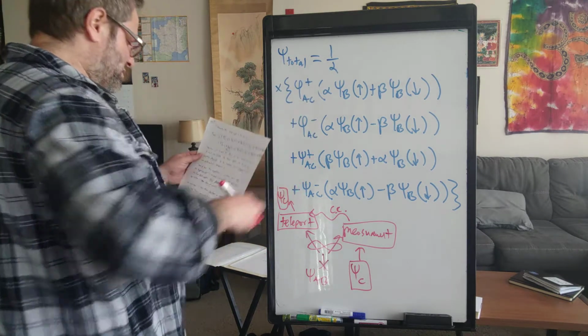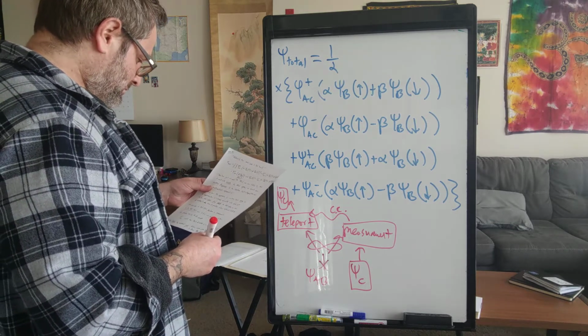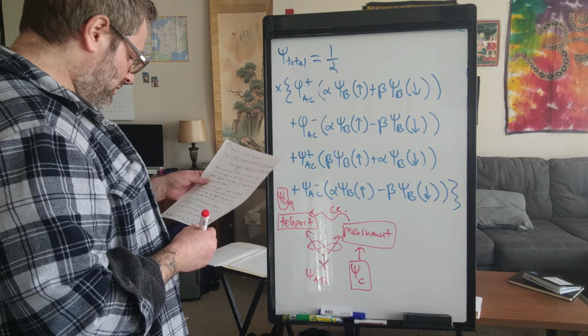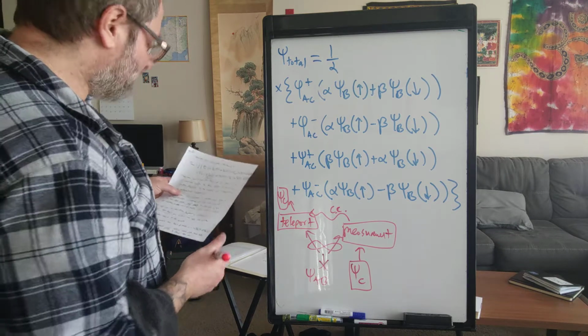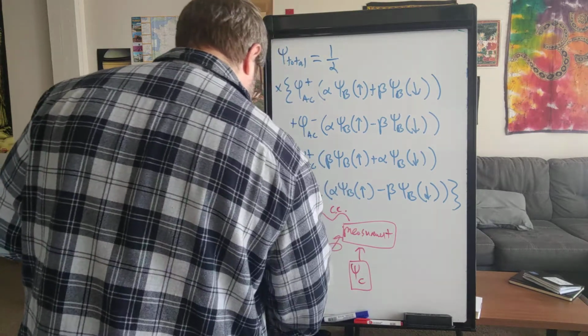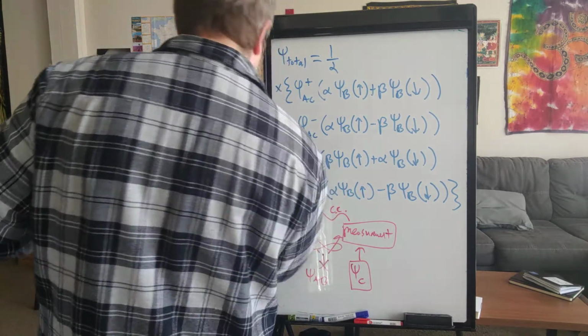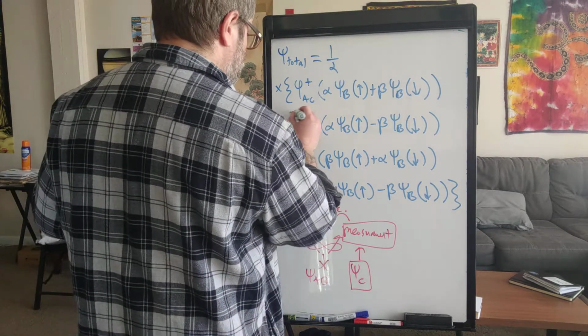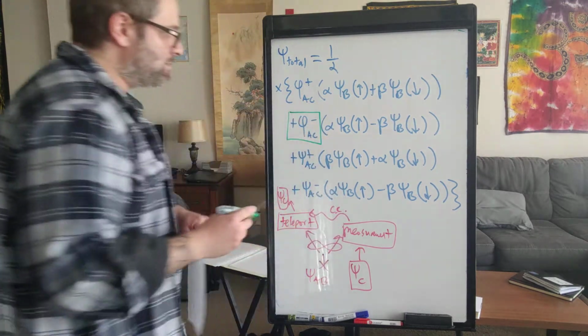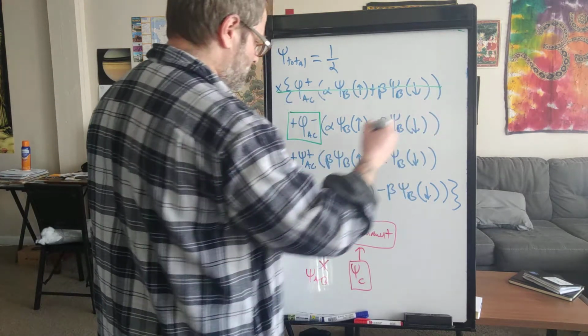So she performs a measurement, she gets an answer for the Bell state in the Bell basis. So let's say, for example, she gets phi AC minus. Okay. Now when she performs that measurement, she knows that this is not the state anymore.